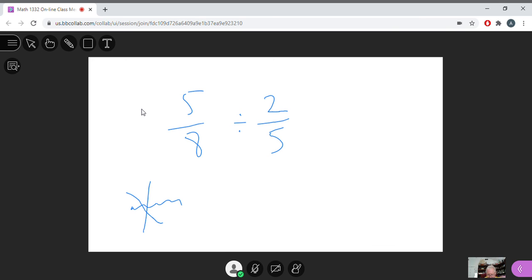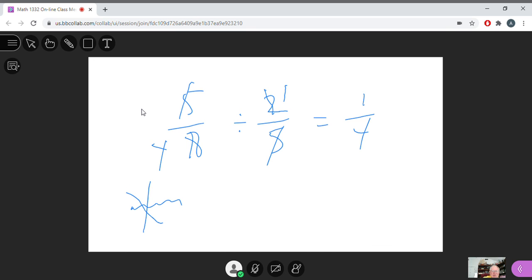Well, the problem is this. You can only do that after you flipped it. If you haven't flipped it, then it's a problem. So this would be 1, 4, 1, 1, getting an answer of 1 over 4.